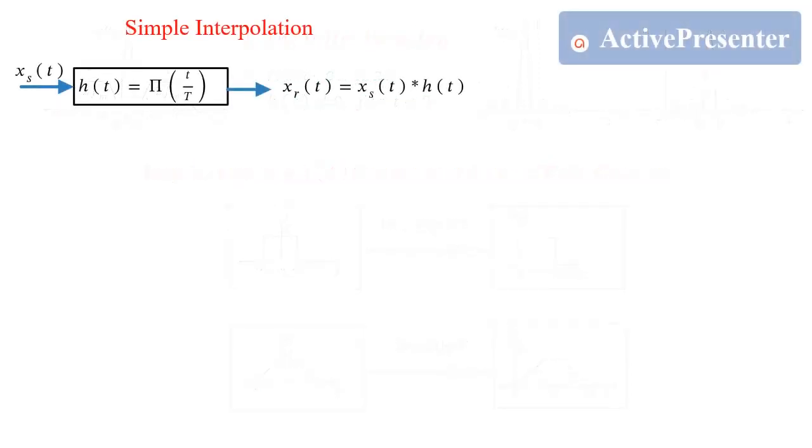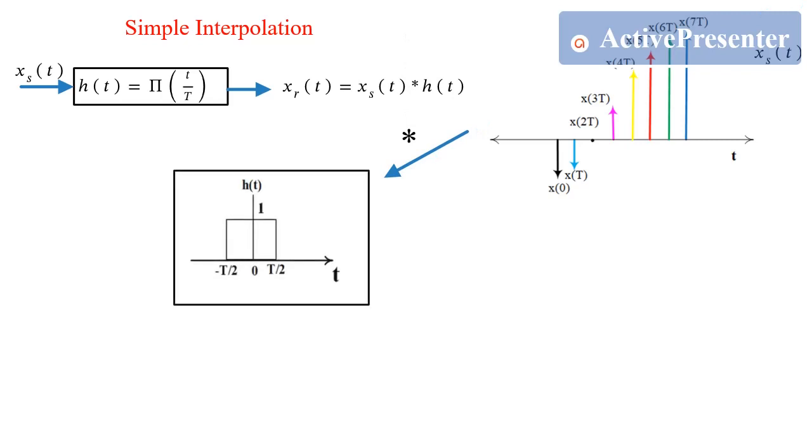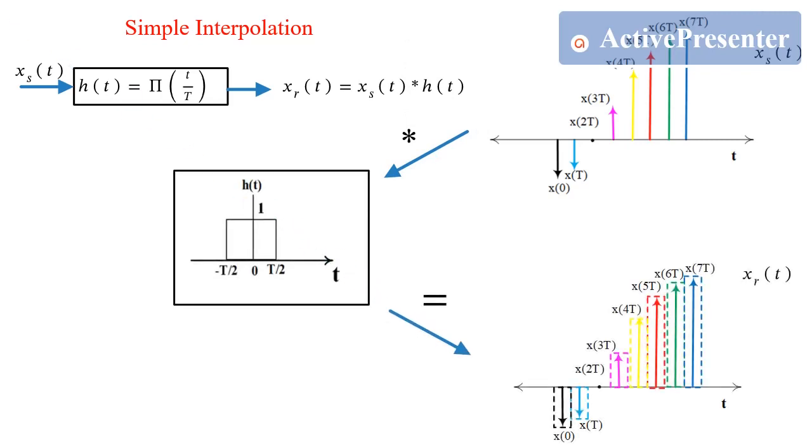Considering the first case, when the impulse response is a gate pulse, when the samples of a signal convolve with this gate pulse, we obtain a gate pulse for each sample whose height is equal to the strength of the sample and centered at the location of the impulses. Since the signal is approximated using constant functions, the reconstructed signal looks like a staircase.